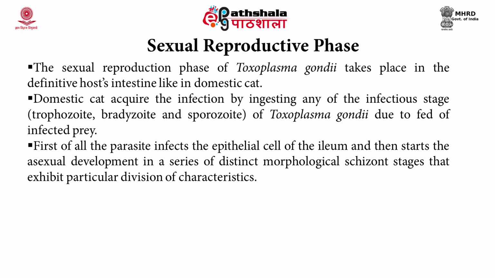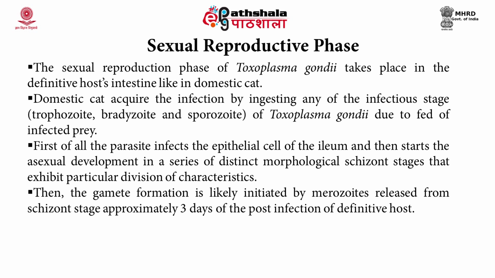First of all, the parasite infects the epithelial cells of the ileum and then starts the asexual development in a series of distinct morphological schizont stages that exhibit particular division characteristics. Then gamete formation is likely initiated by merozoites released from the schizont stage approximately 3 days post-infection of the definitive host.